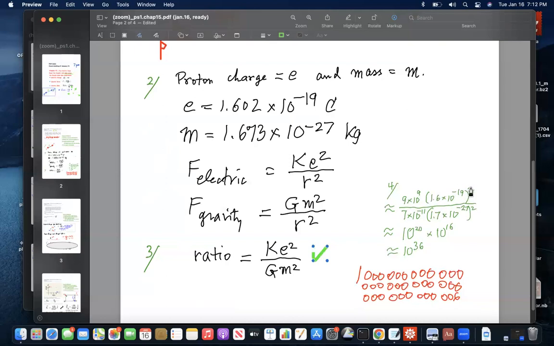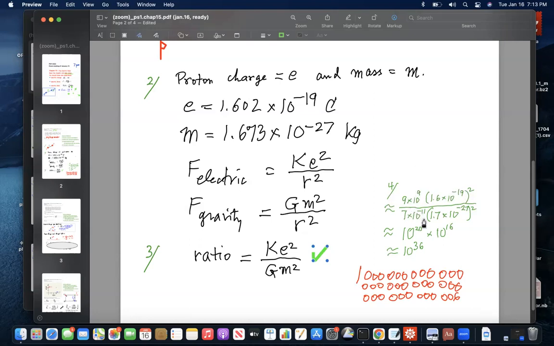That gets squared. G, making a rough estimate, has roughly the value 7 times 10 to the minus 11 in SI units. And m is this 1.7, let's round this off to 1.7 times 10 to the minus 27, squared.